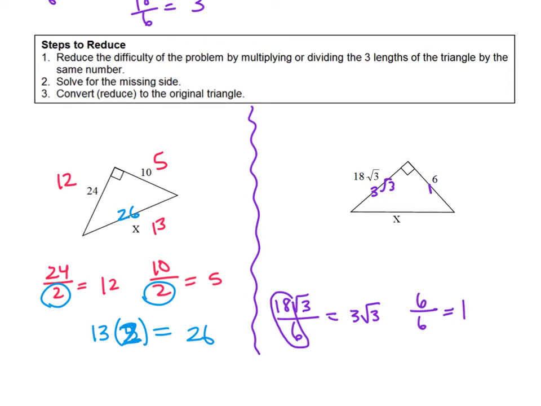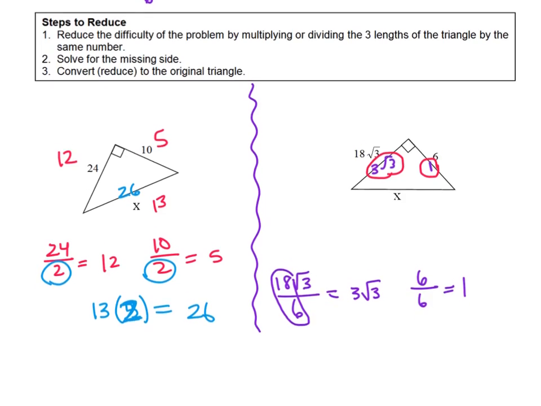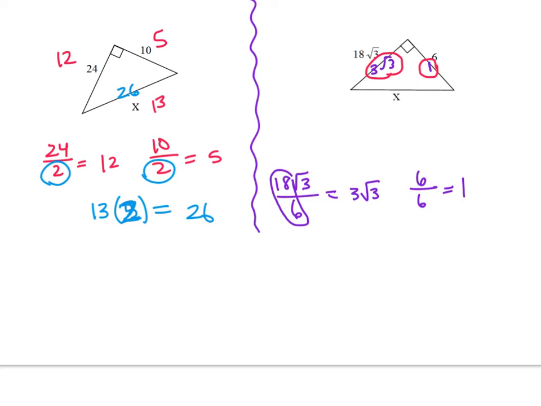Now, in the last couple examples, the reduced triangle was a Pythagorean triple. In this case, it's not. But what we can do is work with these smaller numbers in our Pythagorean theorem to help us get the answers. So sometimes it's just easier to work with smaller numbers. We are going to set up our Pythagorean theorem with those 2 legs.